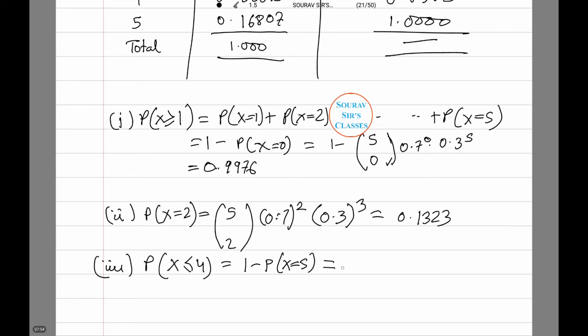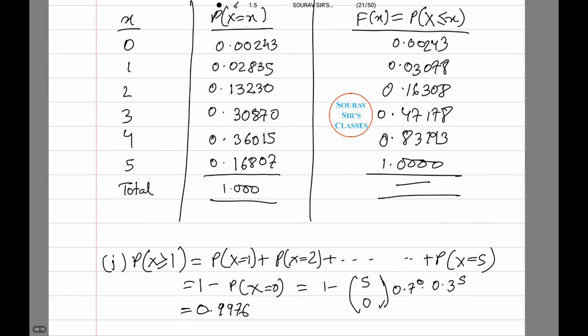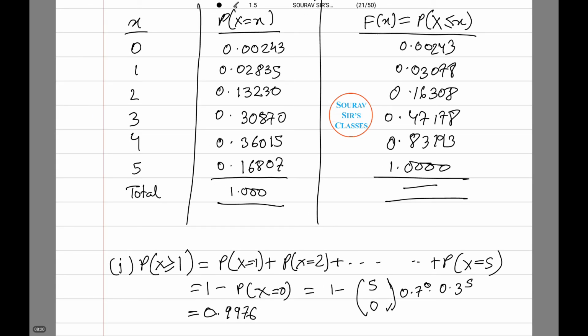Again using the complement rule, 1 minus 5C5 into 0.7 to the power 5 equals 0.8319. The CDF is shown in the last column of the above table, that is F(x) equals P(X less than or equal to x).